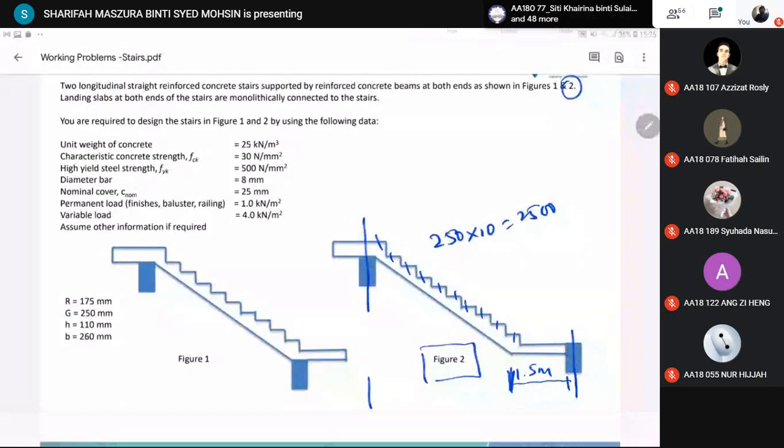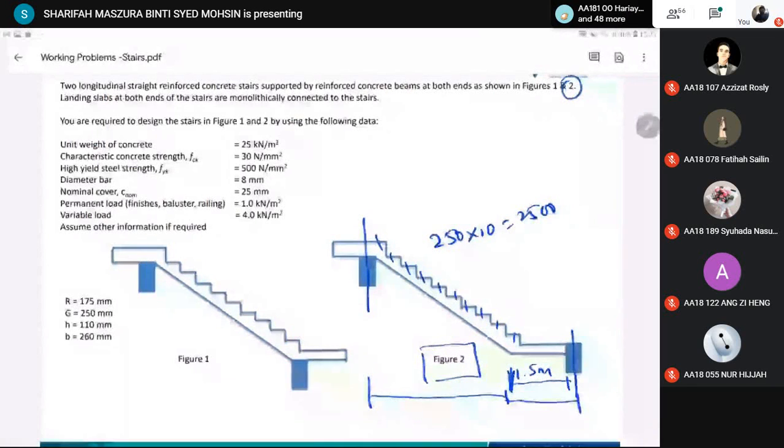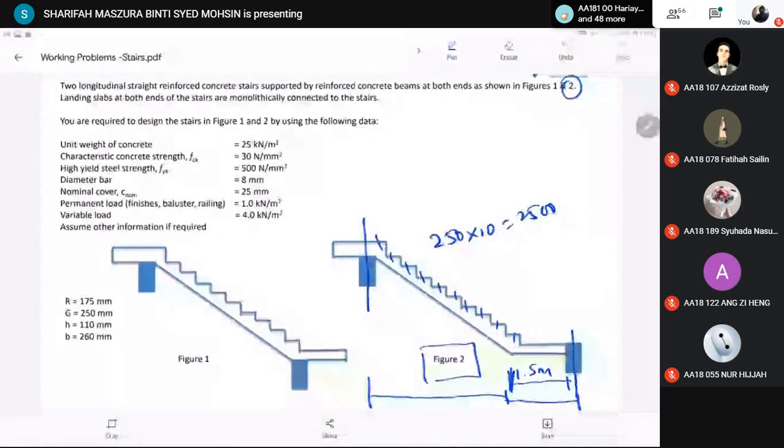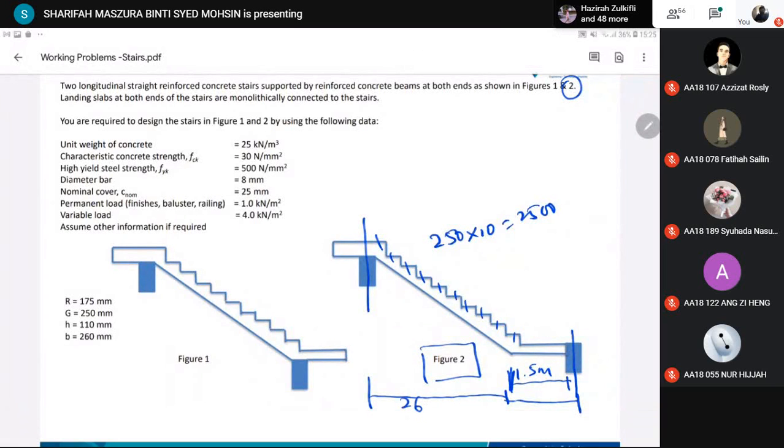From the beam to the landing, it's 260 divided by 2 plus 2500, so 2630 mm.